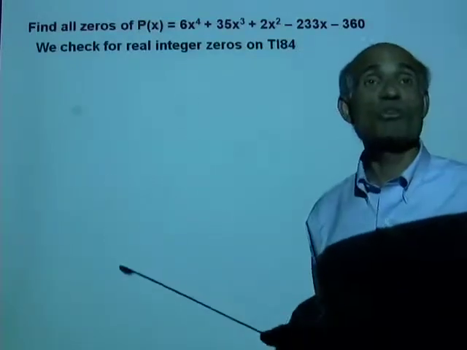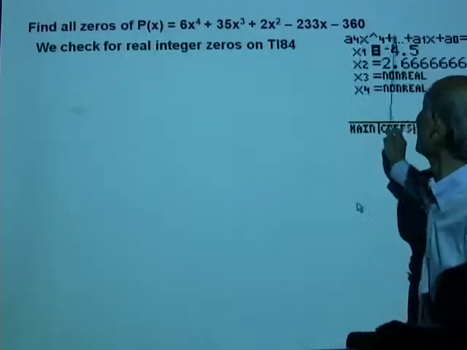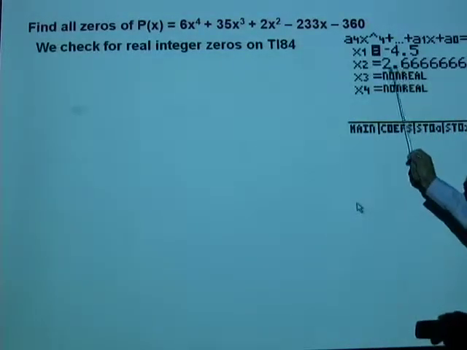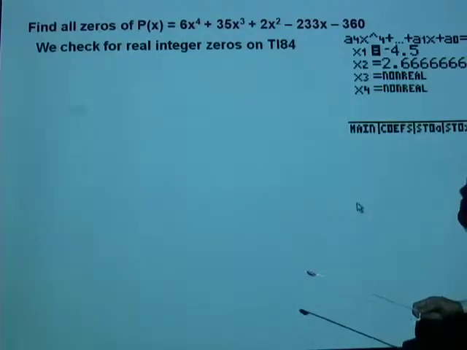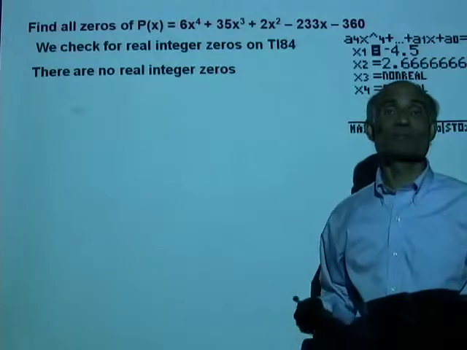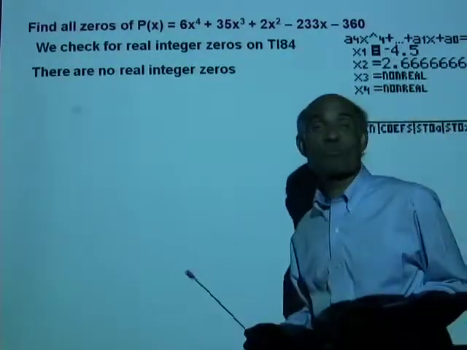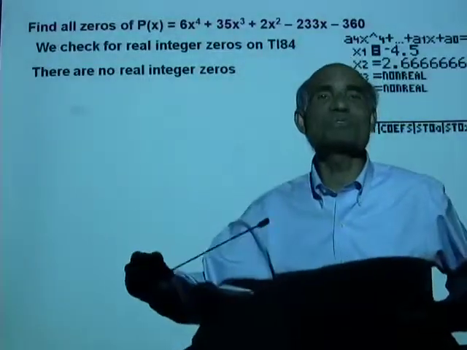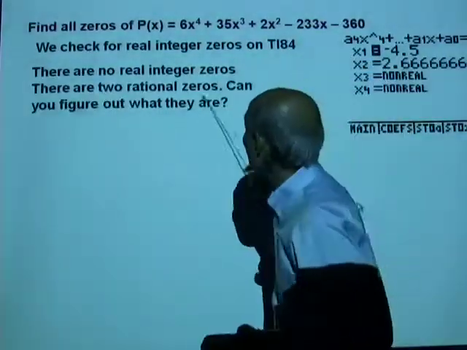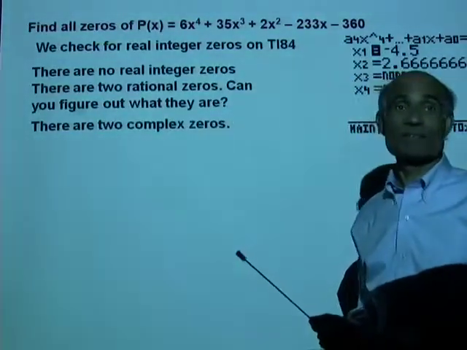We first check for real zeros on the TI-84, and I found negative 4.5, 2.6666. So there are no real integer zeros. But we can actually deal with this. Negative 4.5 is negative 9 over 2. That's a rational zero. So there are two rational zeros. Can you figure out what they are?